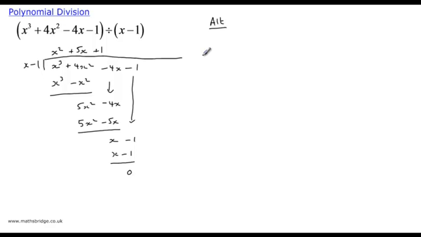An alternative method of doing this: start with a polynomial that I'm dividing. This is my divisor, so I need an x squared to make that x cubed. This would also give me a minus x squared, but I want a 4x squared, so I need another 5x.